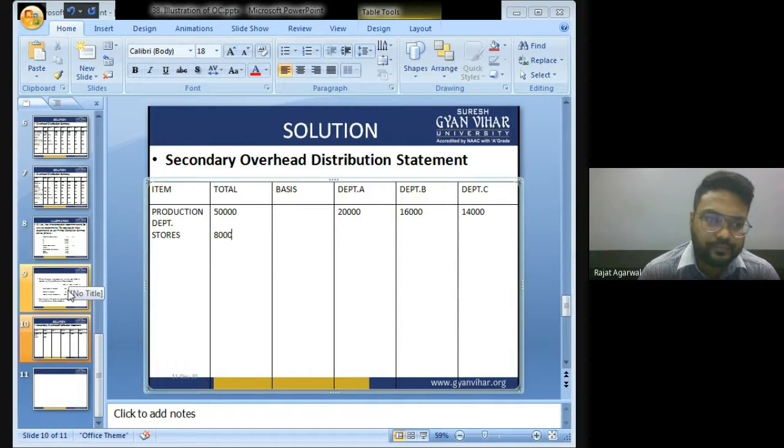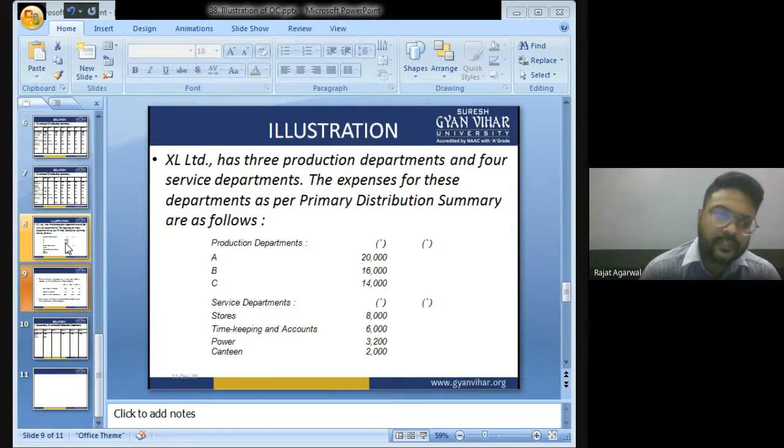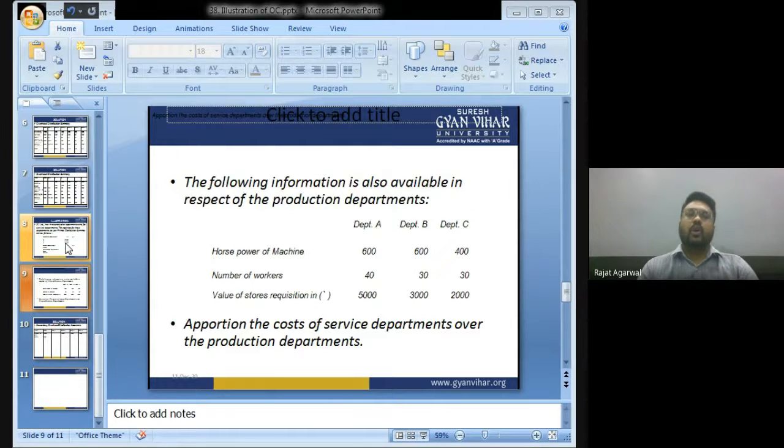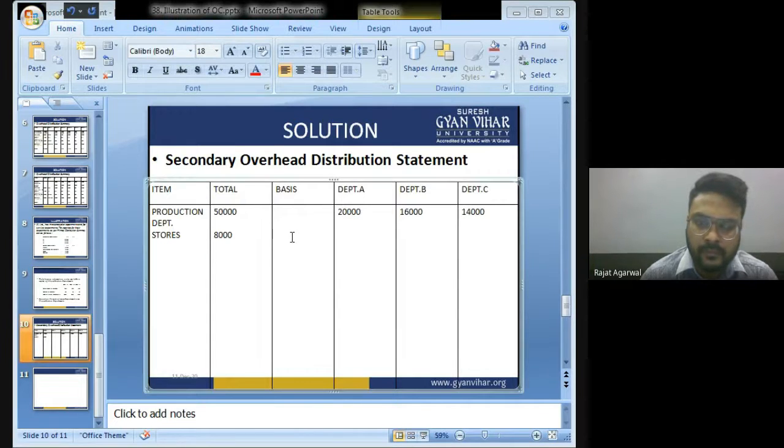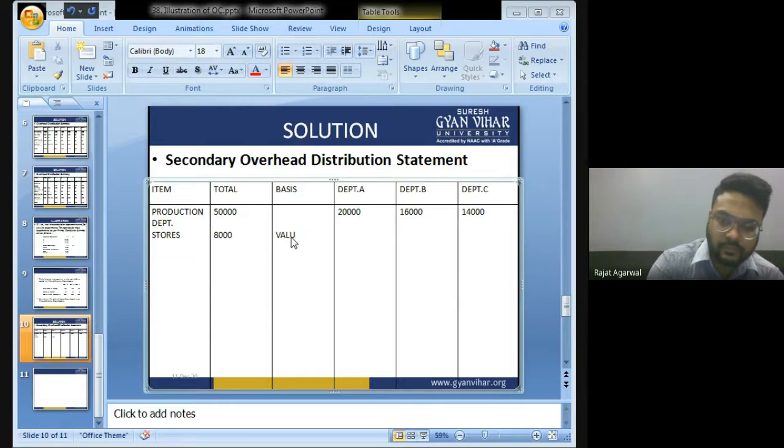Now, on what basis will we distribute the stores? Horsepower of machine, number of worker, or value of stores. Obviously, sir, stores will be distributed on the basis of value of stores requisition.